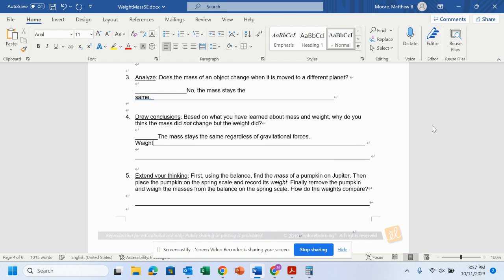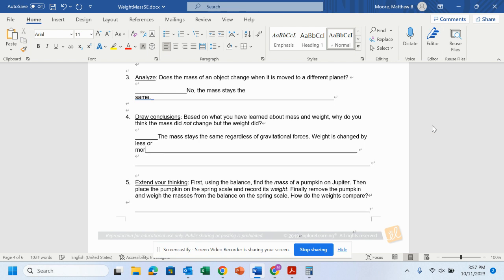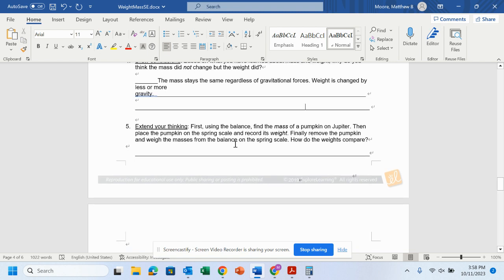Weight is changed by less or more gravity. So the more gravity on a planet, the heavier an object will be. The less gravity on a planet, the lighter it will be.